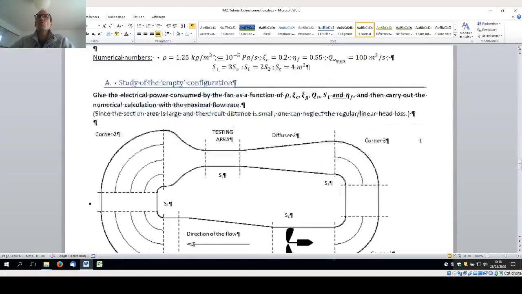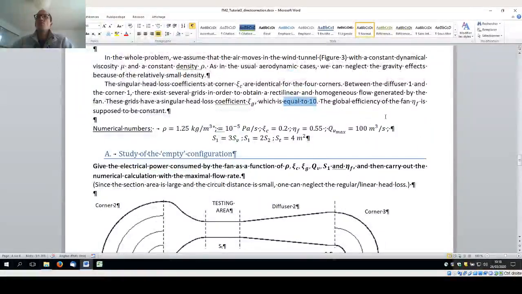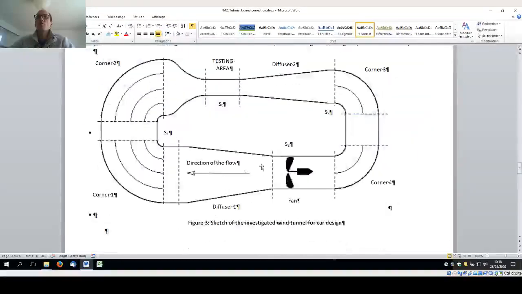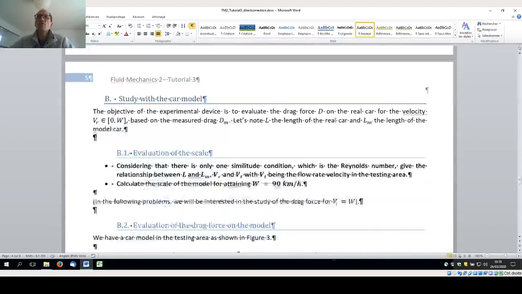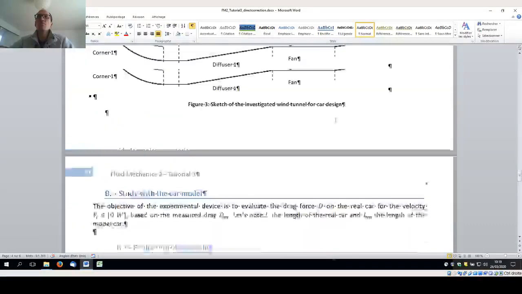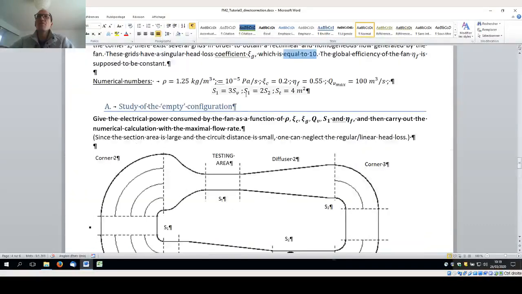And we assume that the efficiency of the fan is known, that is provided, to a given value.